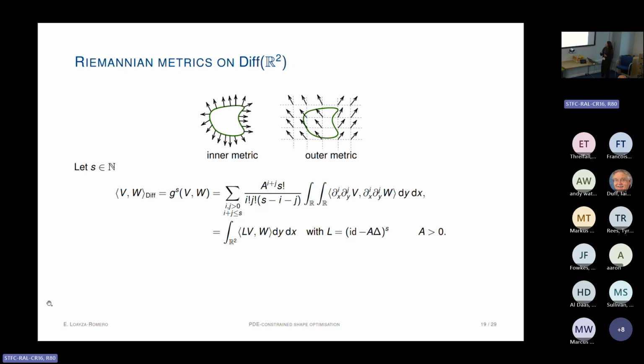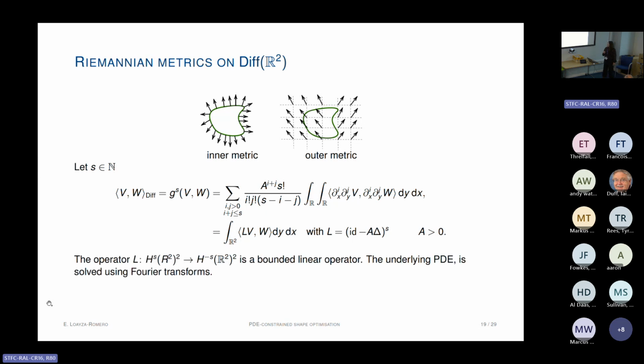How do they look? In fact, these Riemannian metrics look like this. They have an S exponent there, which at the moment we're treating just as a natural number, not even an integer, just natural. This is a very well studied linear operator. Sometimes they use, for example, Fourier transforms. If you are familiar with image registration, there is this method of large deformation diffeomorphic metric mapping, LDDMM.